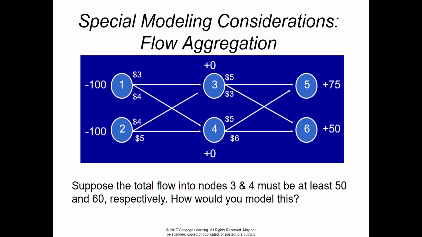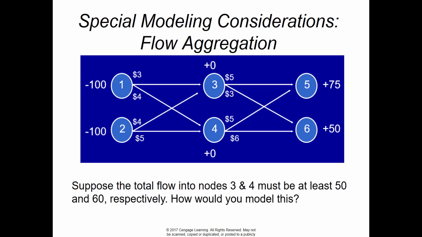In some problems we may have special constraints, like let's say the summation of the inflow to a station, to node 3, should be some specific number, like at least 50, and for station number 4 we should have at least 50. In this case we didn't have this kind of constraint in the inflow and outflow that we talked about so far.